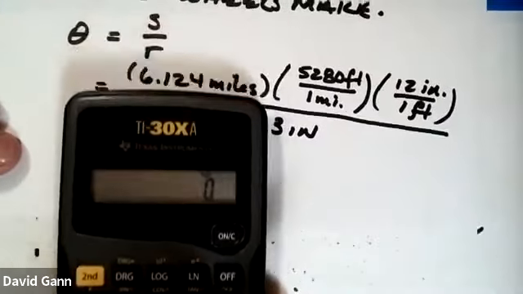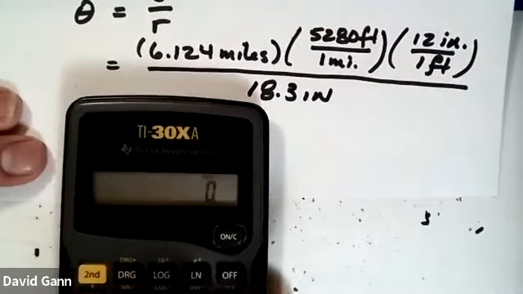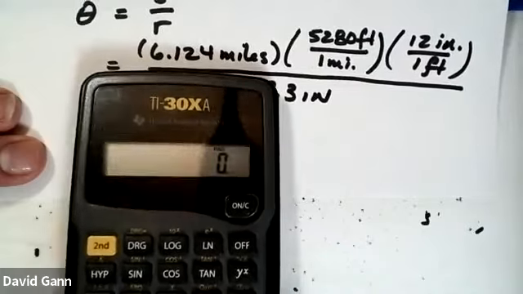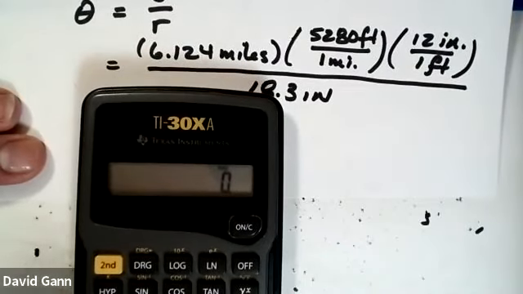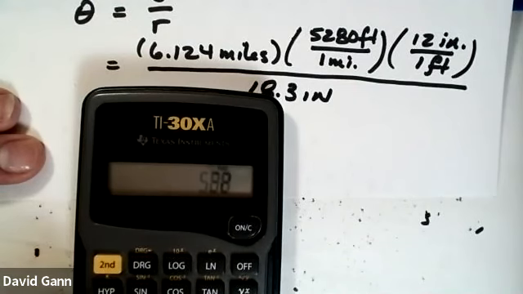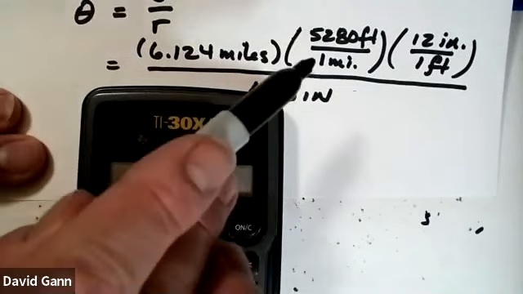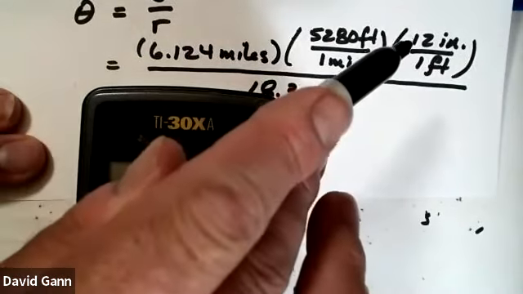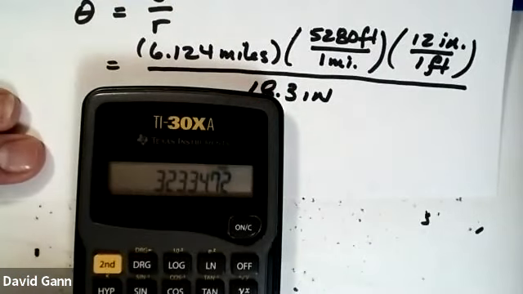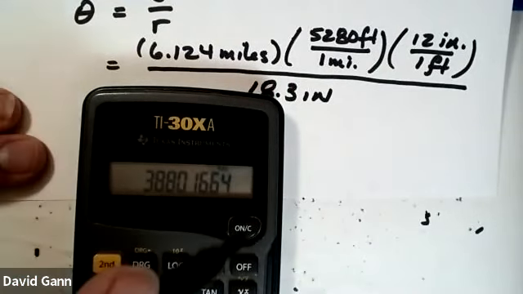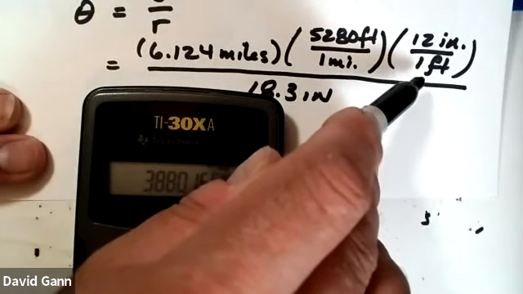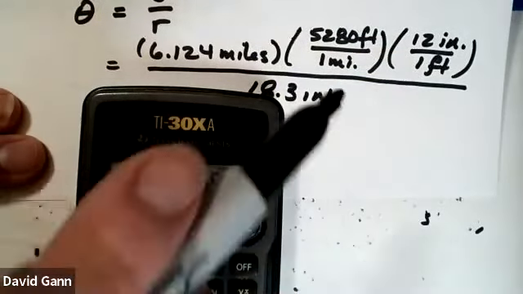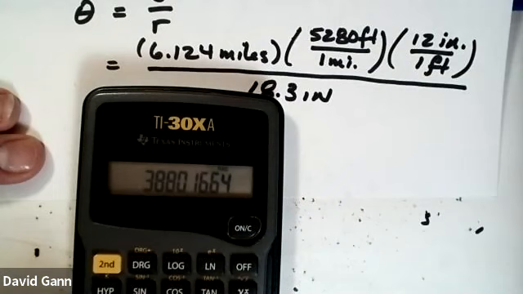Okay, so let me start over here. We'll slide this up so we can still see it. The screen wants to blank out a little bit. So we have 6.124 times 5280, divided by 1, which doesn't do anything, multiplied by 12, again divided by 1, then divided by 18.3.